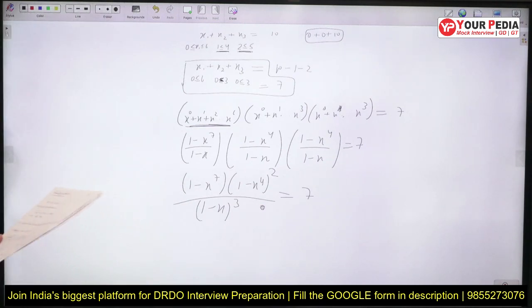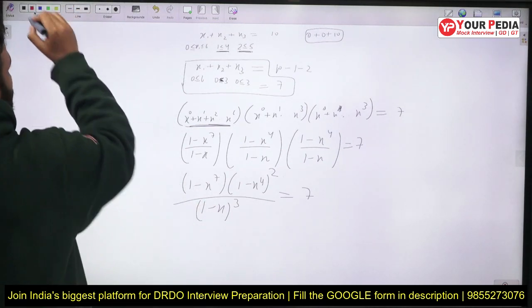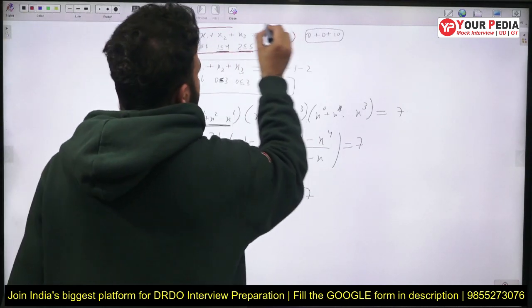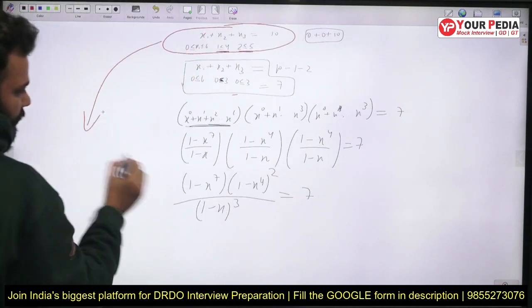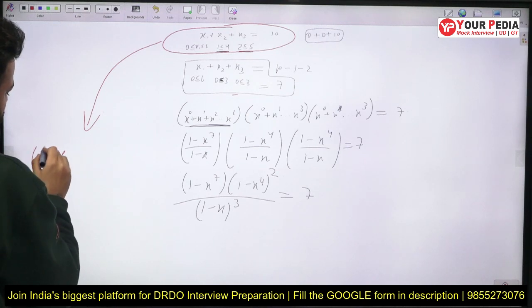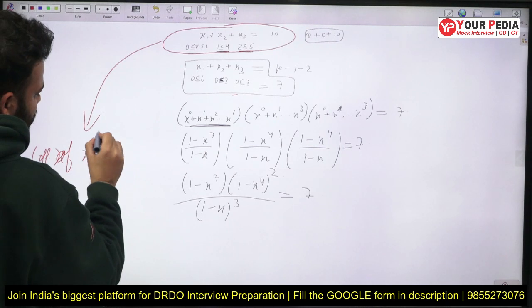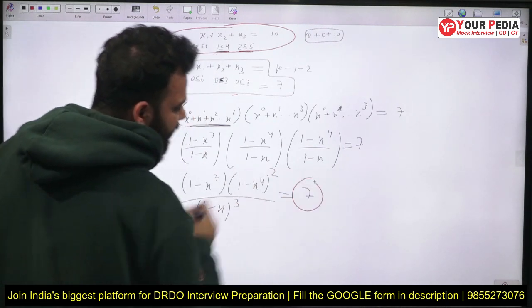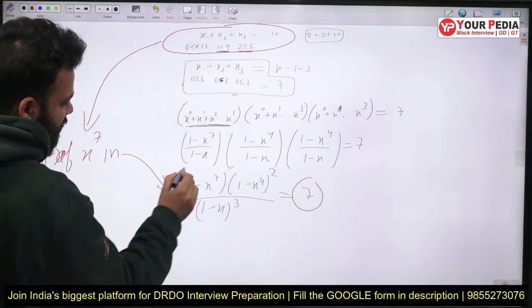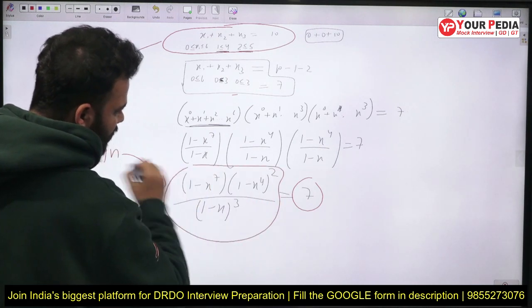Now the solution to the original problem will be the coefficient of x raised to power 7 in this.